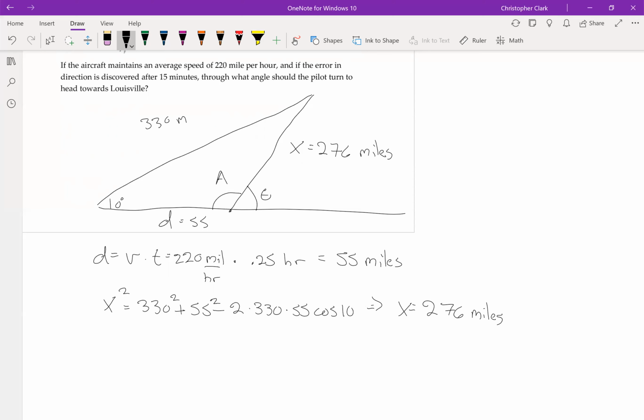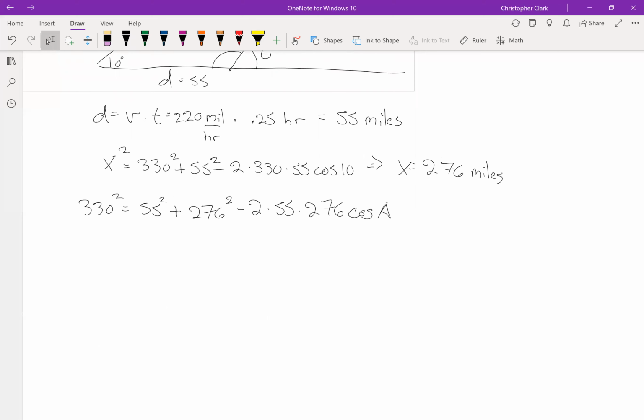All right, so now we can find A. So I have that 330 squared equals 55 squared plus 276 squared minus 2 times 55 times 276 times cosine of A. Okay, so what exactly is A?